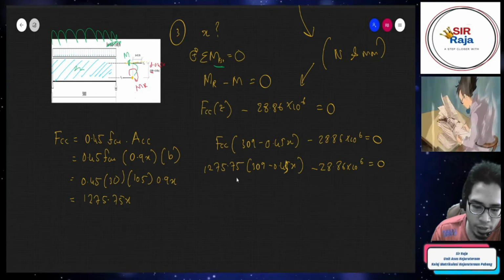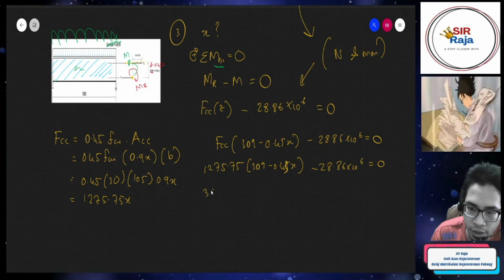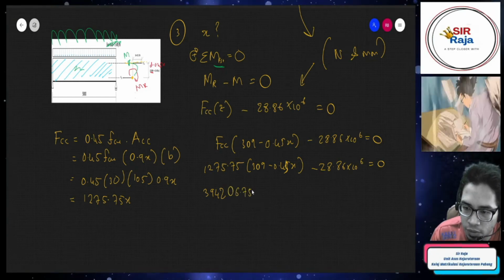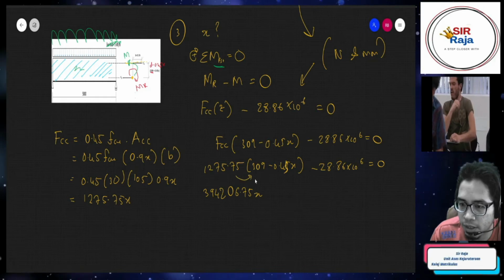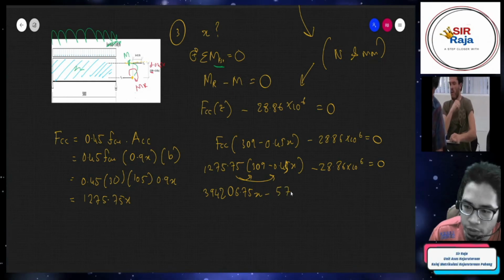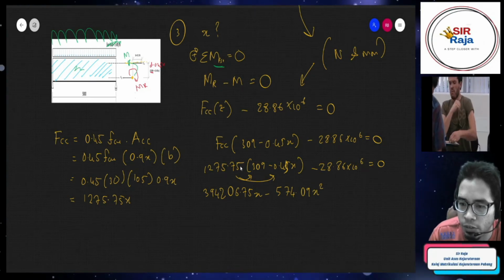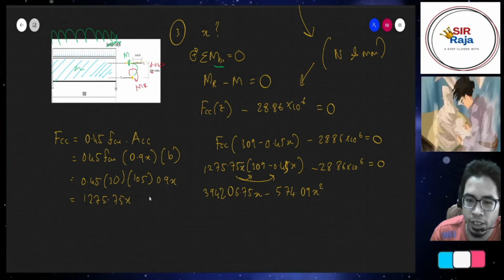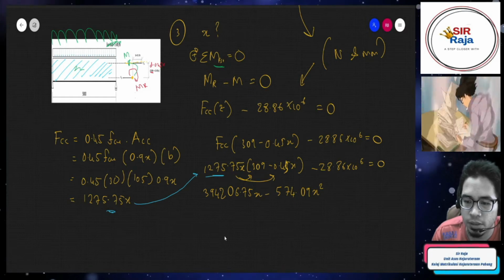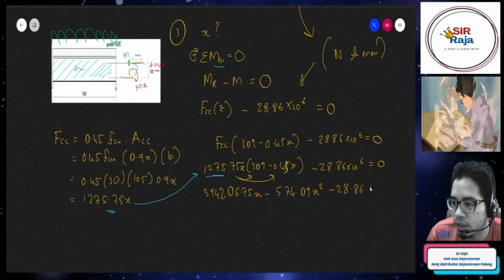And then we times everything here, we're going to get 394206.75 x. Then for this part, minus with 574.09 x square. Alright, I forgot to put here x. Don't forget here. So just going to put down this bit here, and minus with 28.86 times 10 to the power of 6.